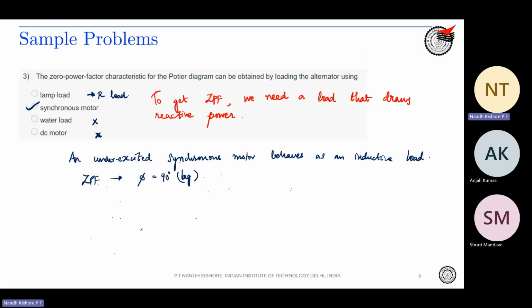From seeing the options itself, you can tell that obviously lamp load, water load, and DC motor are not the answers, because lamp load is R load and water load is also an R load. Okay. Because to get ZPF condition, we need a load that draws reactive power.